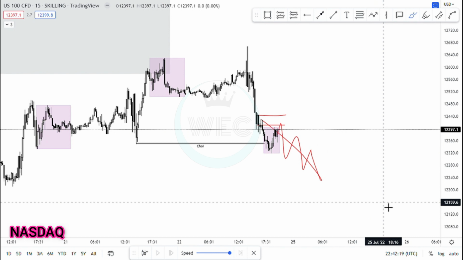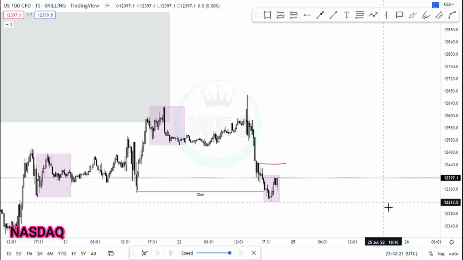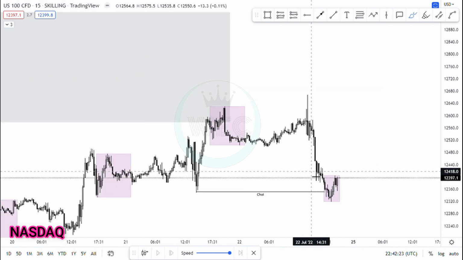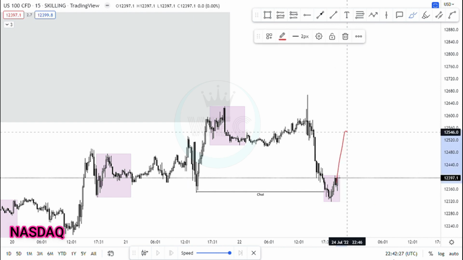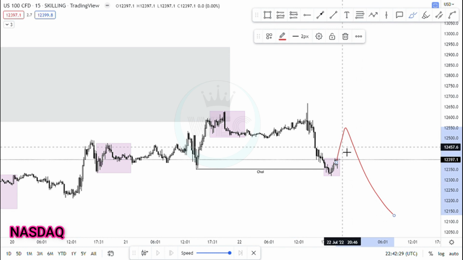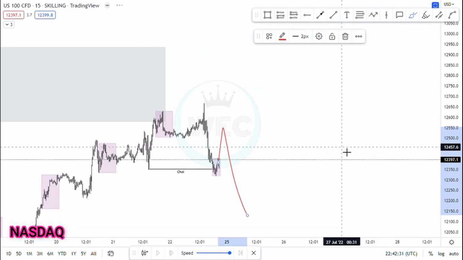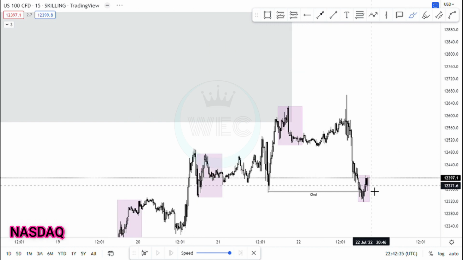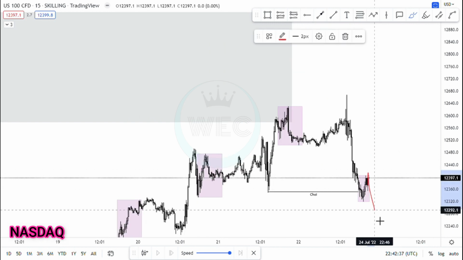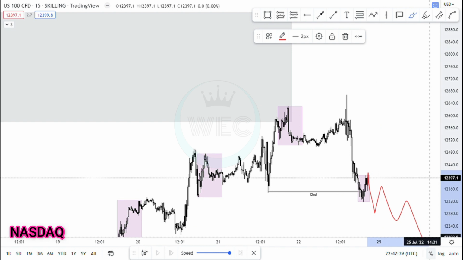So let's pay attention. With regards to what price is presenting to us, we can have either a deeper retracement and continue with an H4 retracement leg, or we might have that shallow retracement in line with M5, and then we can have that pull down to that H4 demand.